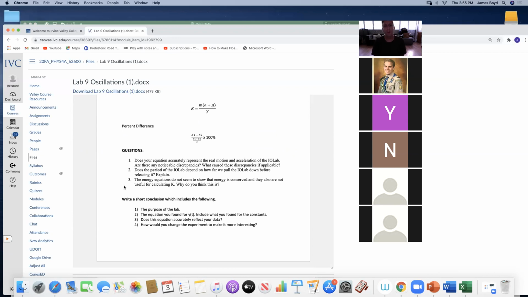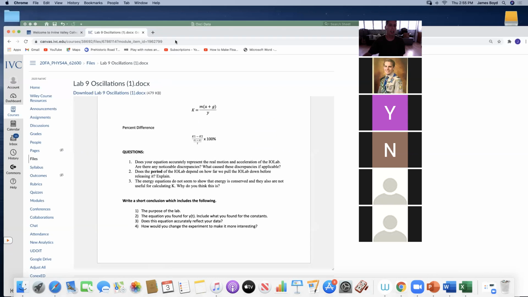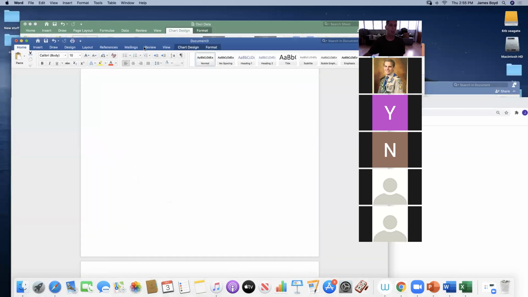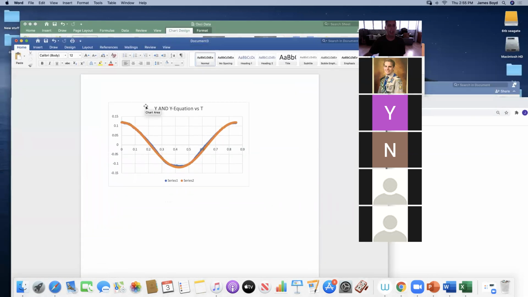So does your equation accurately reflect the IOLab's true motion? Here, all I want you to do to answer that question is look at how your data lays on top of the blue line. Is it essentially following the exact same path?